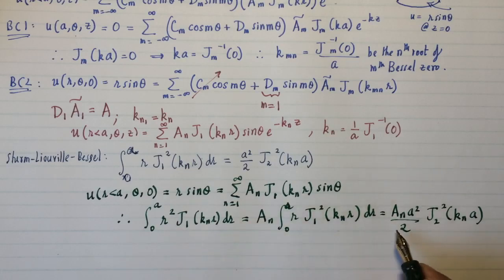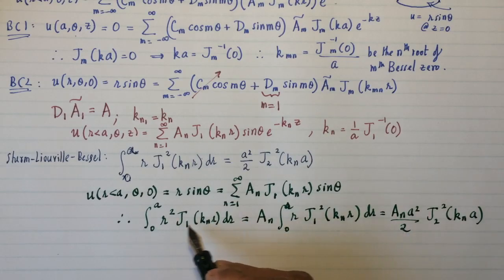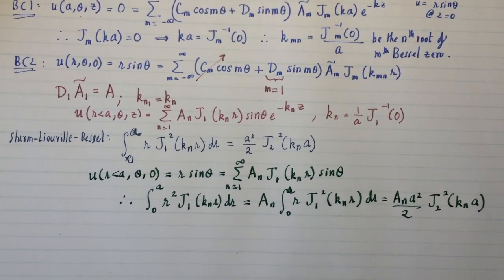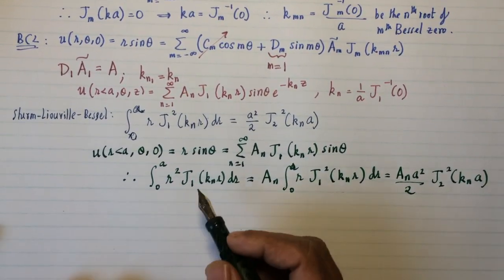This tells us what a_n is, but it gives us a_n in terms of an integral. That doesn't look good. So we have to evaluate this integral.